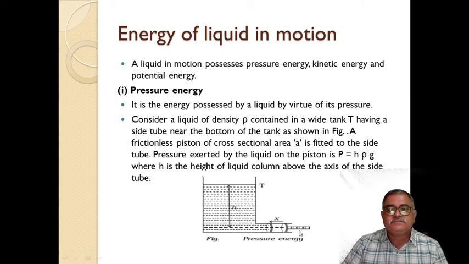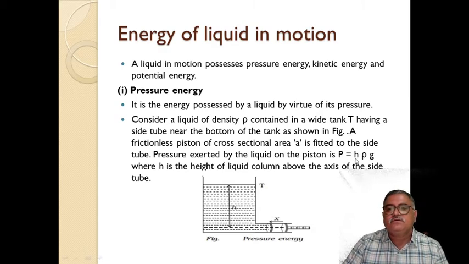Then this is a frictionless piston having a cross-sectional area A, fitted to the side tube. Then the pressure exerted by the liquid on the piston is P equal to h rho g.